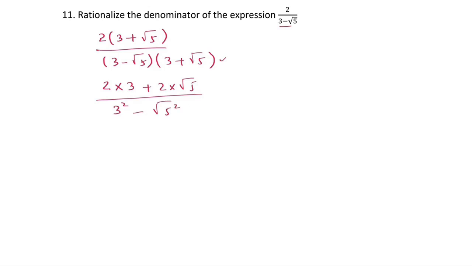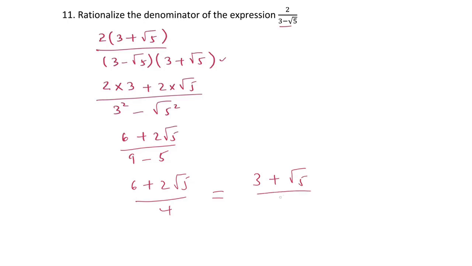Next, simplifying this, we have 6 plus 2 square root of 5 over 9 minus 5. This becomes 6 plus 2 square root of 5 over 4. Let us simplify this by dividing by 2 on both numerator and denominator. Then we have 3 plus square root of 5 over 2. And this is going to be our answer.